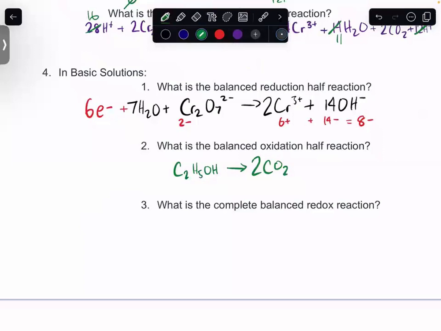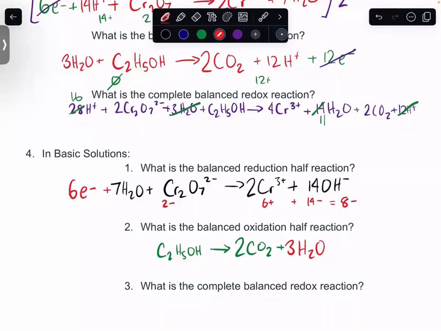So I'm going to start by balancing the hydrogens. I'm going to add 3H2O. Now that my hydrogens are balanced, I'm going to move on to balancing the oxygens using the rule I understand. I have 7 oxygens on the right, 1 oxygen on the left. So I'm going to add 6 oxygens.